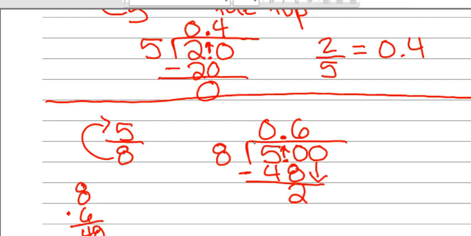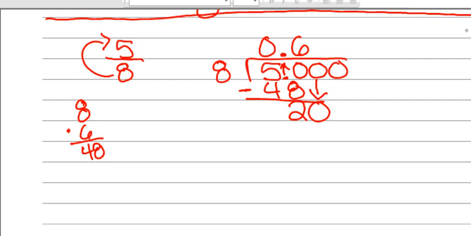I'm going to bring down the next. Ooh, I'm going to need to add another 0. So does 8 go into 20? It does. It goes in, let's see, once is 8. 16's pretty close.